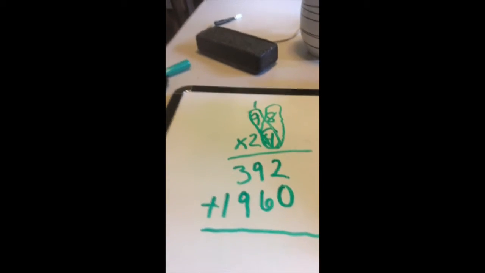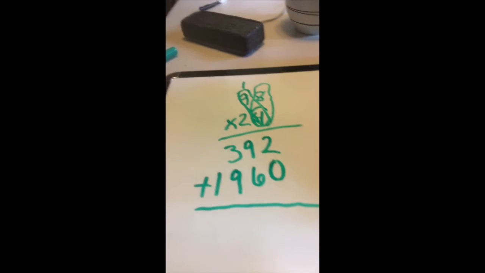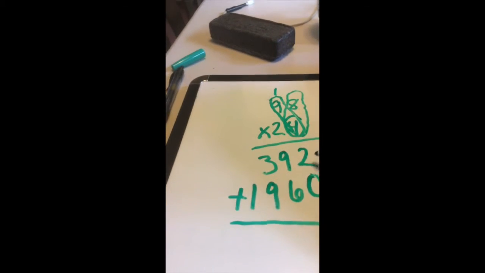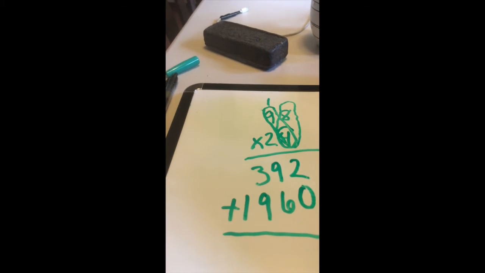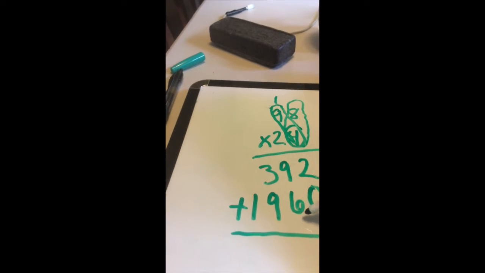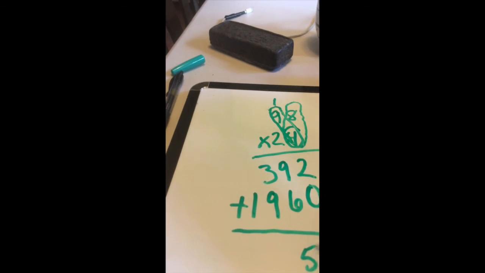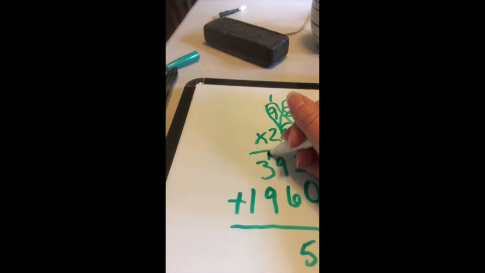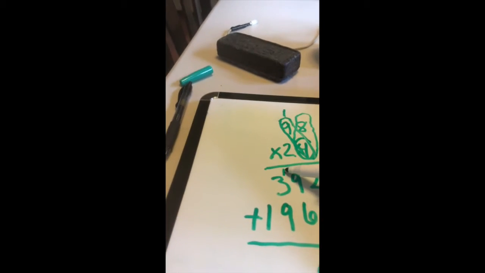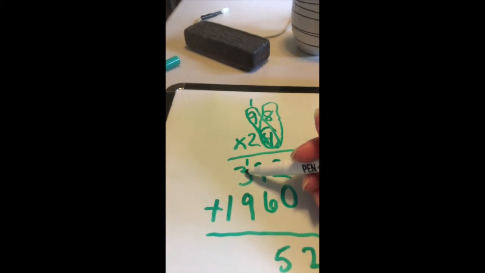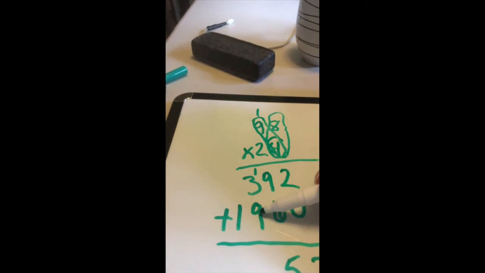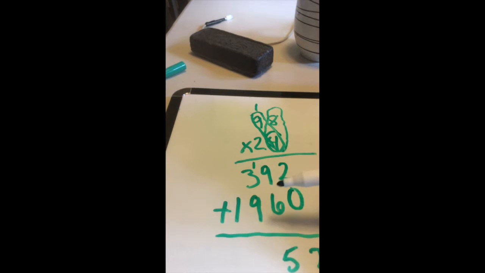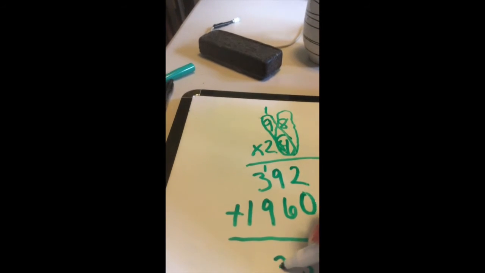I don't know about you, I actually really enjoy adding numbers, so for me that's the fun part. So we get 2 plus 0, which is 2, 9 and 6, which gives us 15. Oh my goodness, we have to carry again, which is okay. So then we end up with a 1 plus 3, which gives us 4, plus 9, which gives us 13.